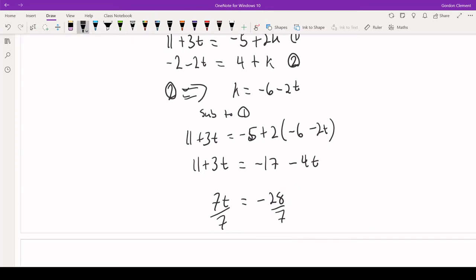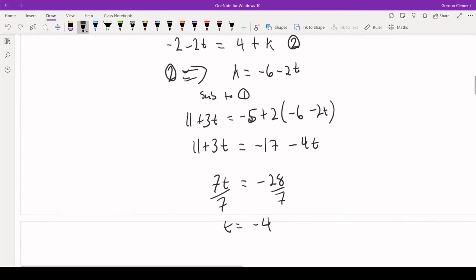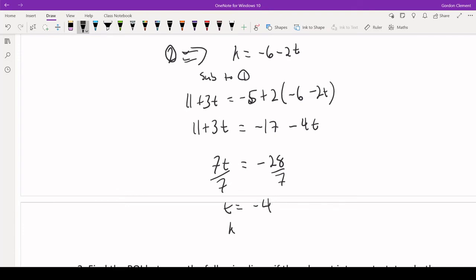Divide by 7, divide by 7. I get t is -4. And if t is -4, then k is going to be -6 times... So I'm looking back up at this equation up here, plugging the -4 into there. So that's 8, that's 2, I believe.